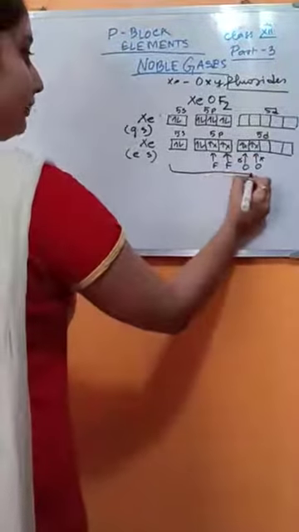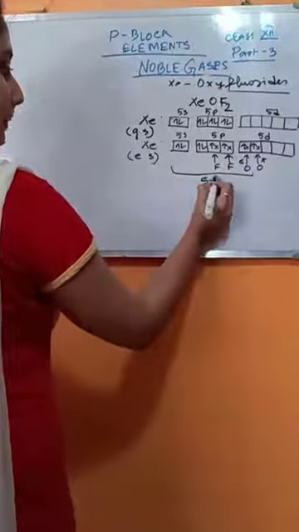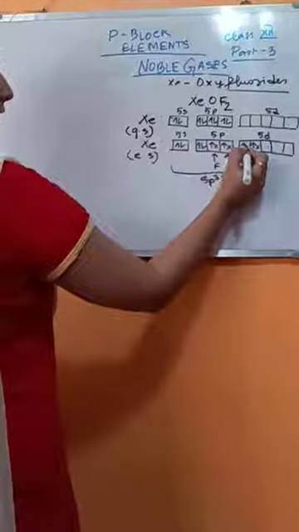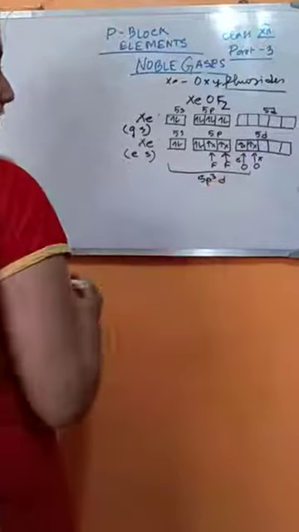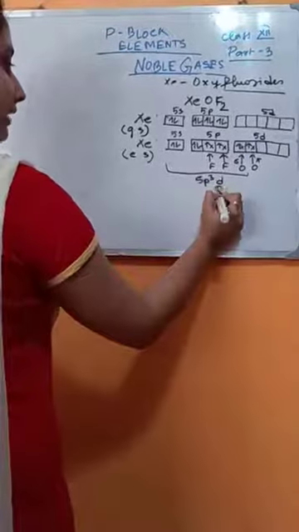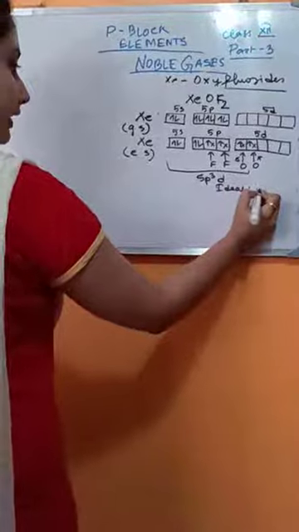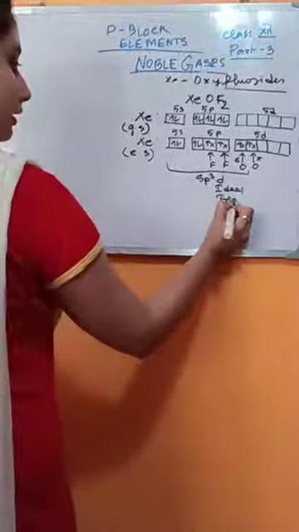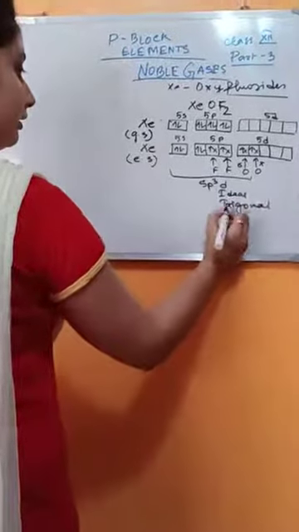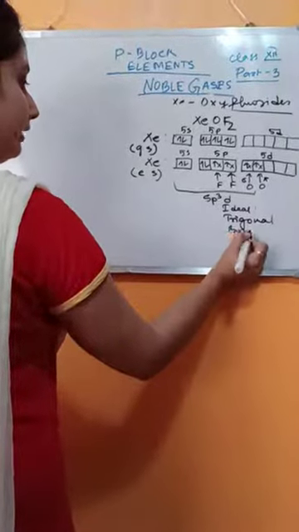We won't consider the pi bond. sp3d. The ideal geometry is trigonal bipyramidal.